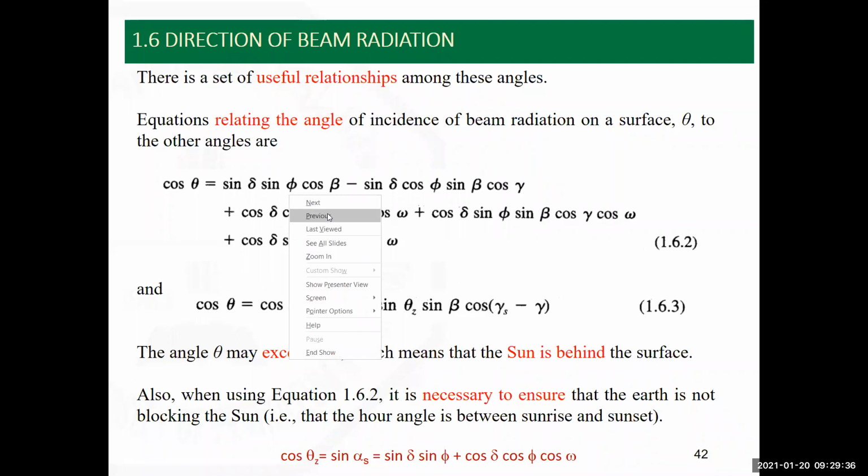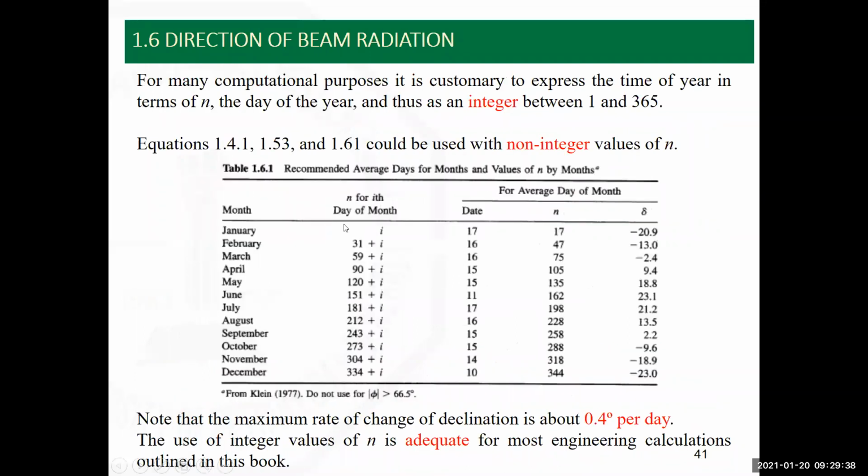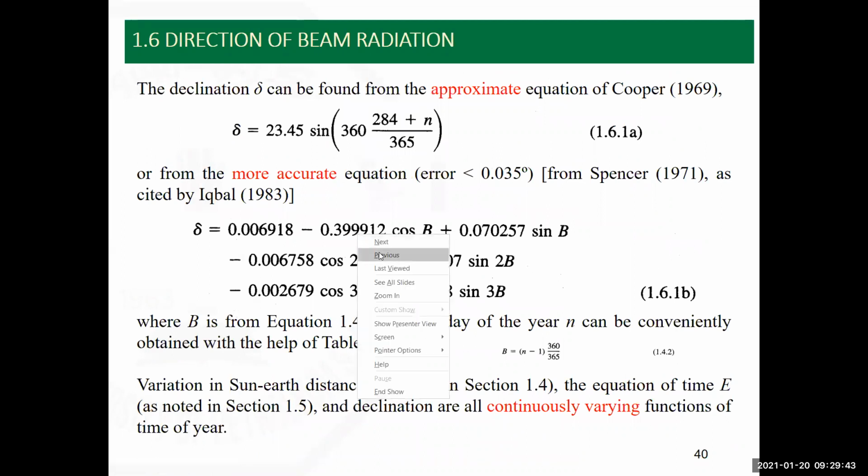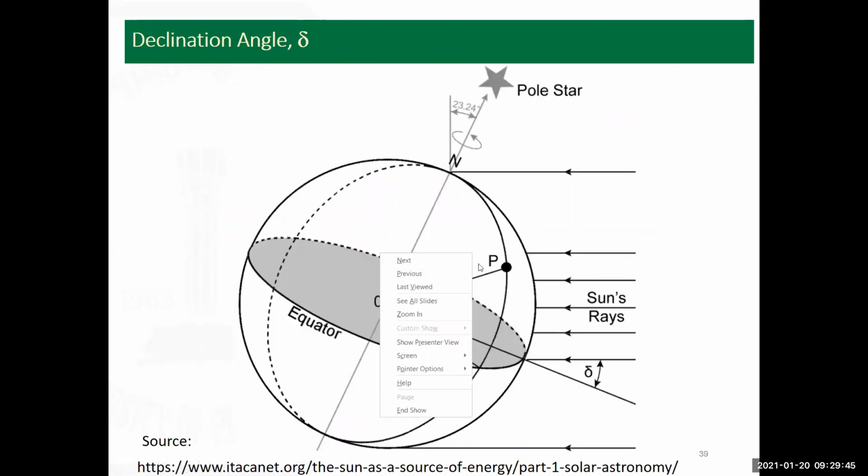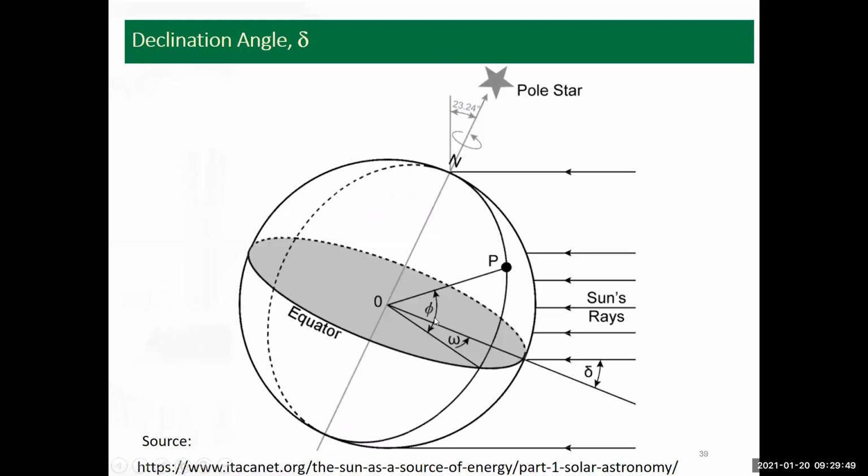Remember? Let's get back again and remind yourself of these angles. Phi here is basically related to the latitude, isn't it? Which goes from 0 at the equator to 90 at the North Pole.